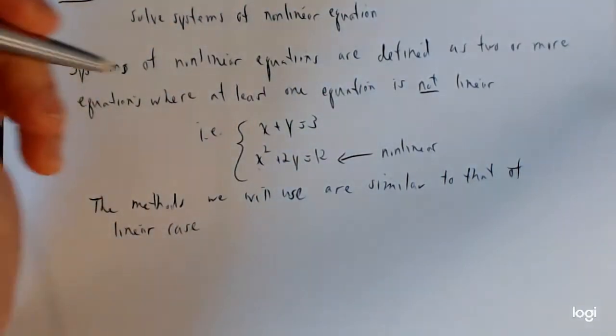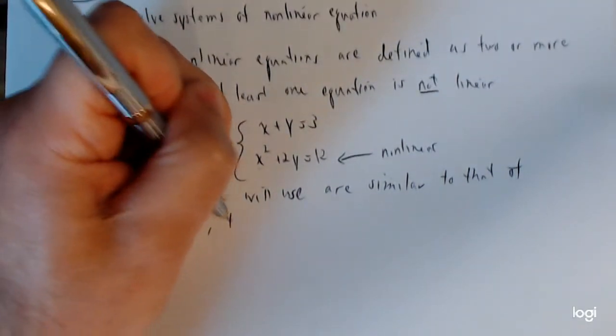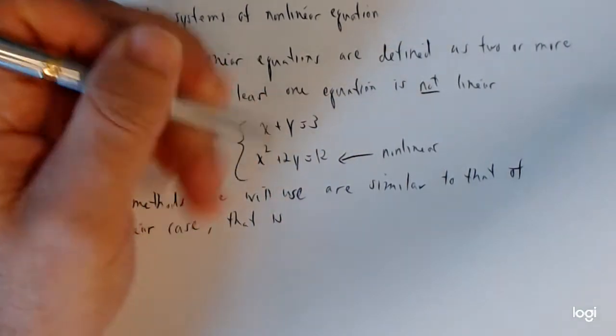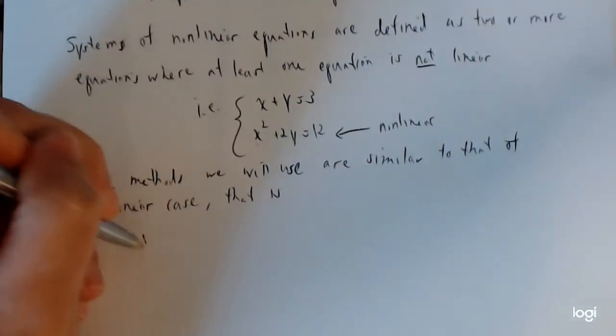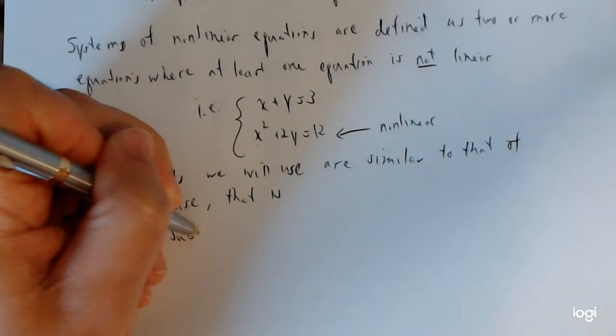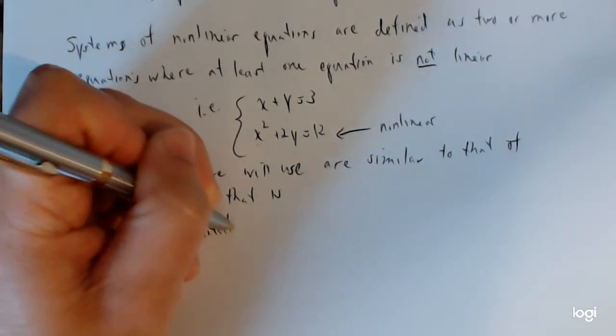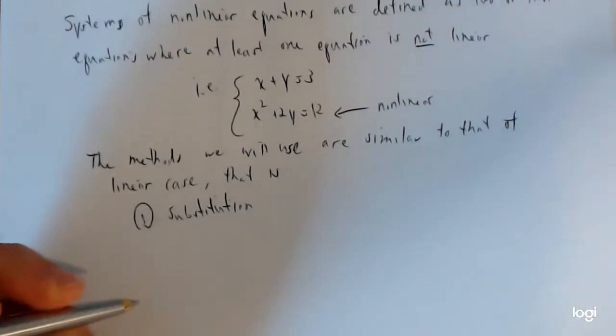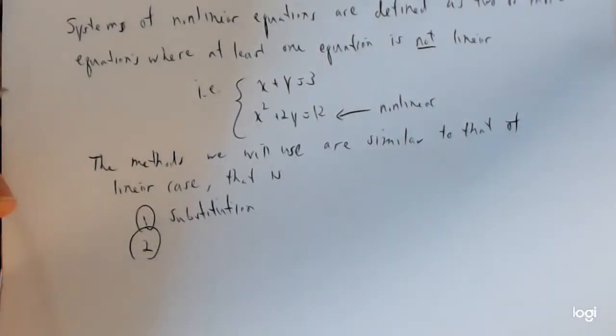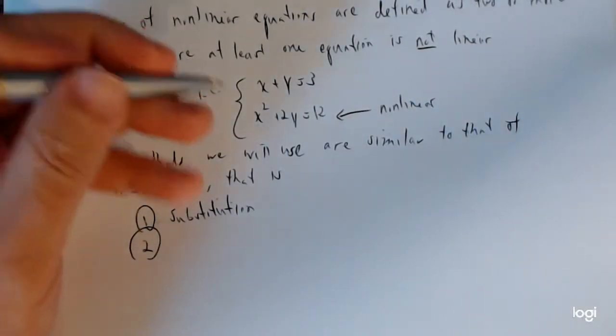So that is, one would be substitution. That's one method. The second method would be elimination.